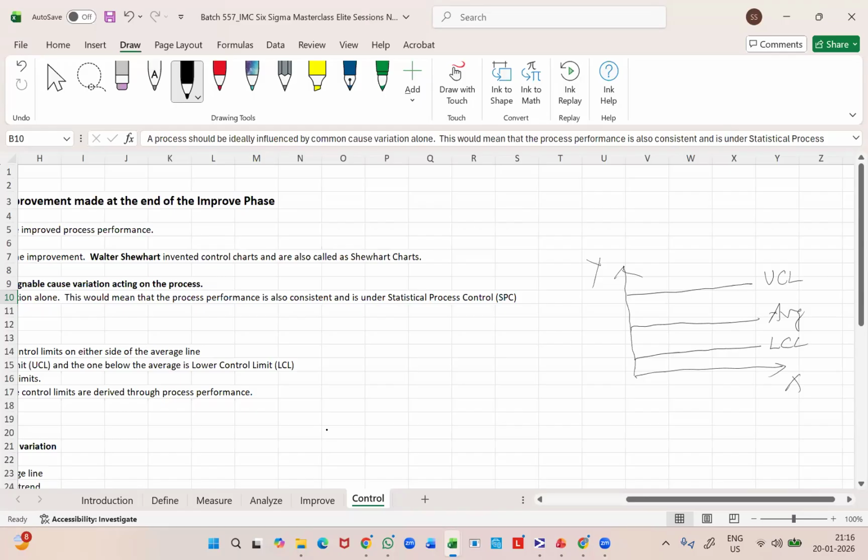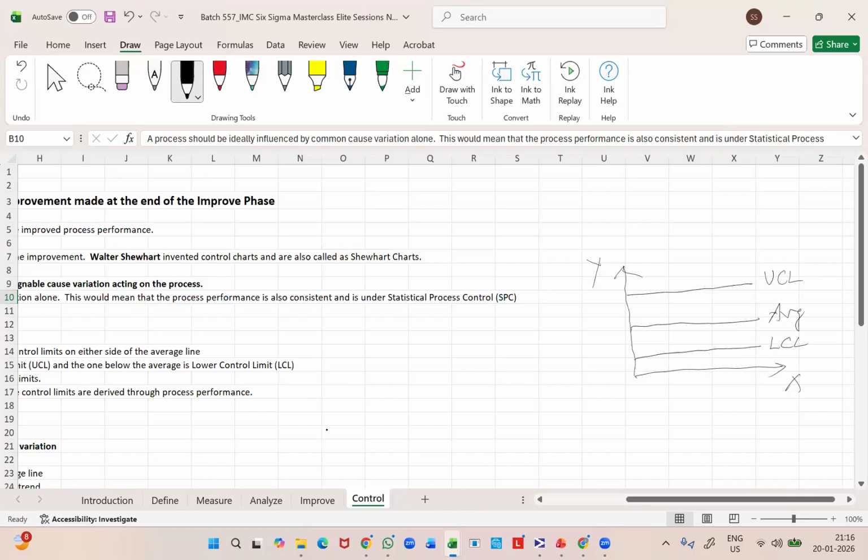So here we have control limits along with the average line. At the top, we have the upper control limit, referred to as UCL. And at the bottom, we have the lower control limit, referred to as LCL.